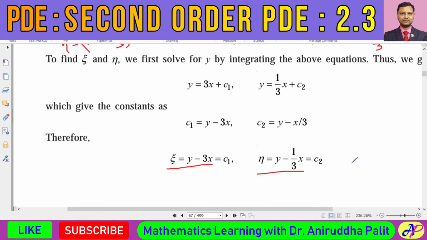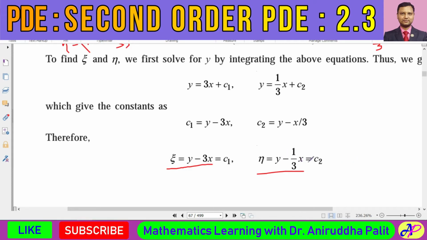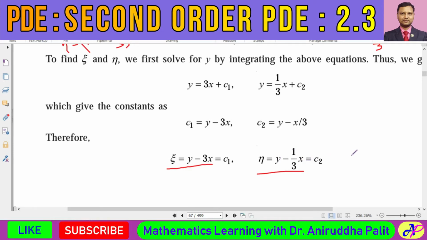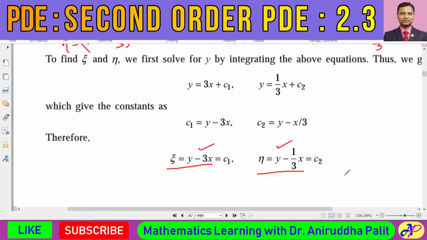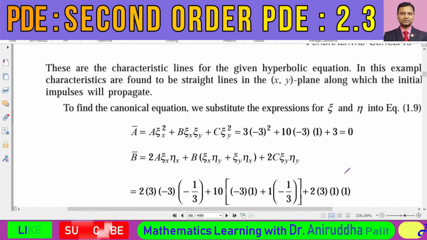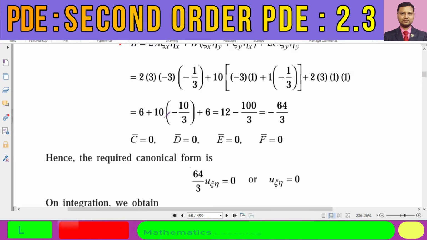You can choose different expressions of eta, either x minus 3y or y minus 1 by 3x, whatever you want to consider. So you need to obtain the expressions of this xi and eta, and then after computation, you can easily find out the expression of this b bar and c bar and all.